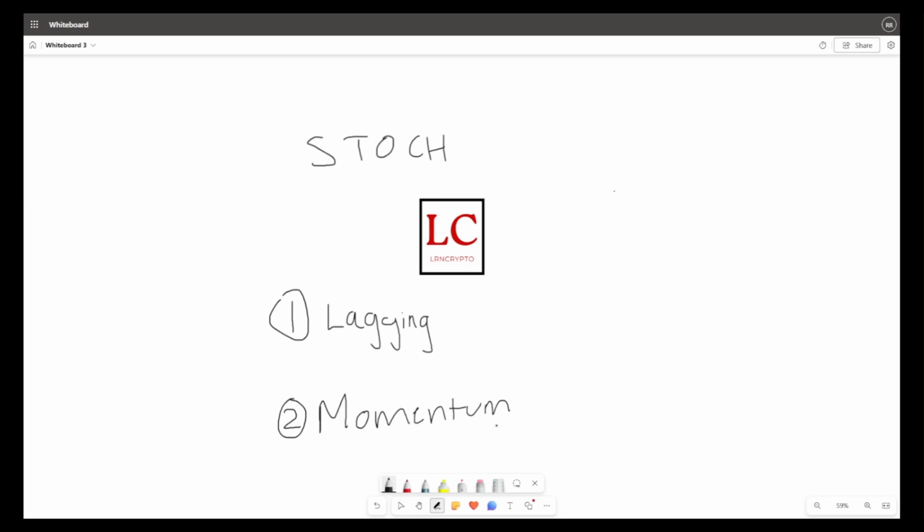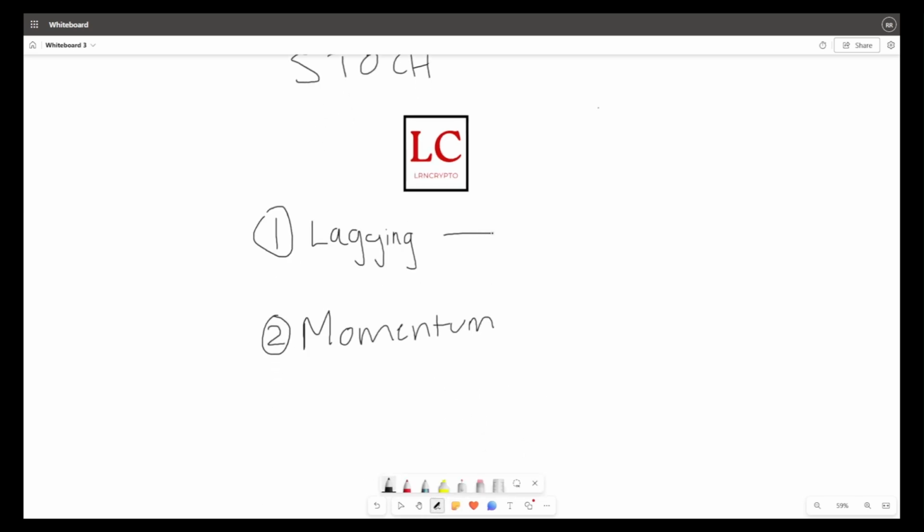So it shows the strength of trends. So the lagging means this is not real time, and momentum means the strength of market.